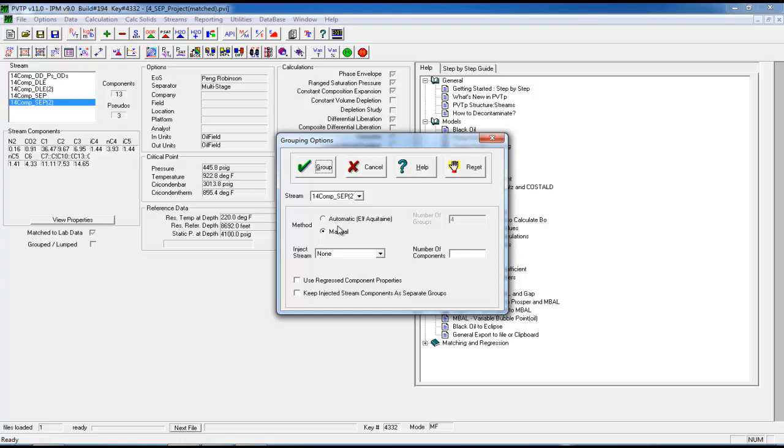But I don't recommend you use that. Just try to do something that you understand. Otherwise, maybe you have wrong results and then you will not know how to fix this. So just choose manually and press group.